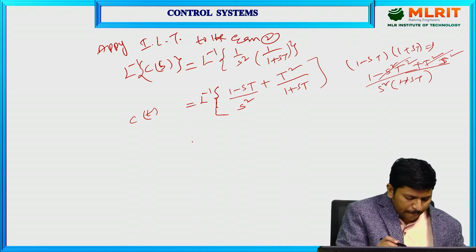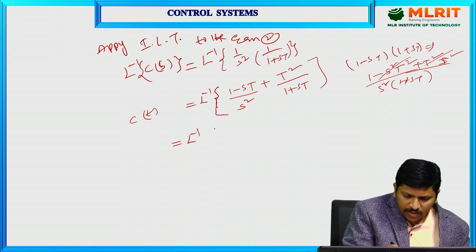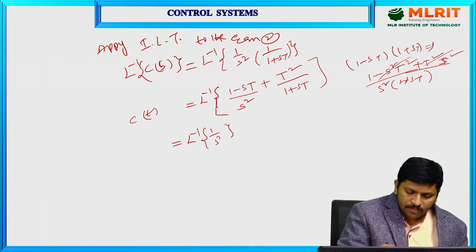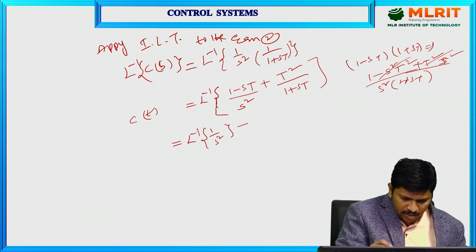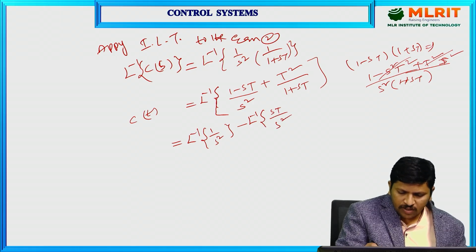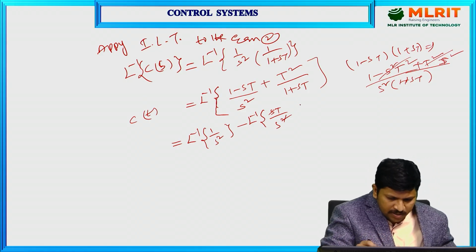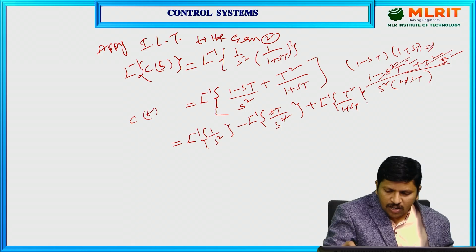Next, applying separate terms, I am going to write the separate terms here. Inverse Laplace of 1 by s², minus inverse Laplace of st divided by s². So s is cancelled, so 1 by s is there, t into 1 by s, and plus inverse Laplace of t² divided by (1 + st).